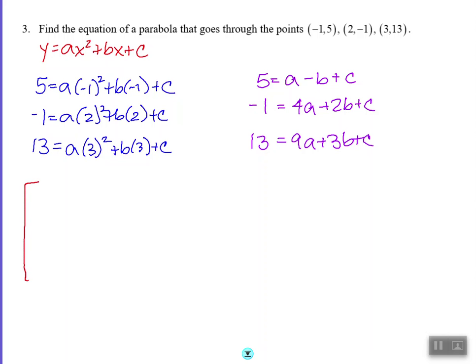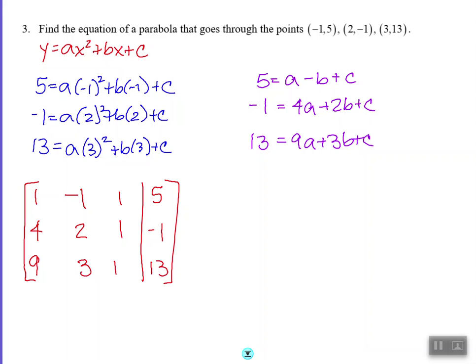So if I write out our augmented matrix, I'm going to have 1, -1, 1, 5, 4, 2, 1, -1, and 9, 3, 1, 13. Remember that my goal is to have the identity matrix on the left side of the line and numbers on the right side of the line.